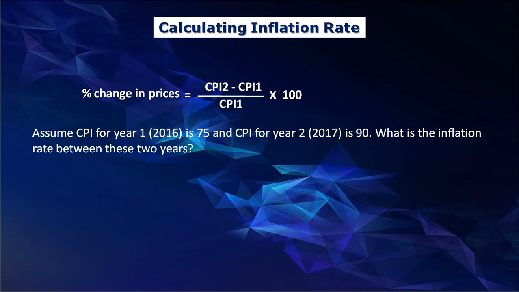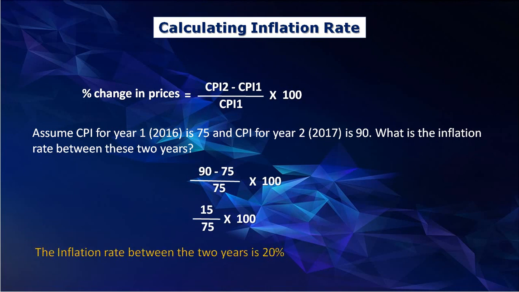CPI for year 1, 2016, is 75 and CPI for year 2, 2017, is 90. Now the question is, what is the inflation rate between these 2 years? So we calculate 90 minus 75 divided by 75 times 100. We get 15 divided by 75 times 100. So the inflation rate between these 2 years is 20%.